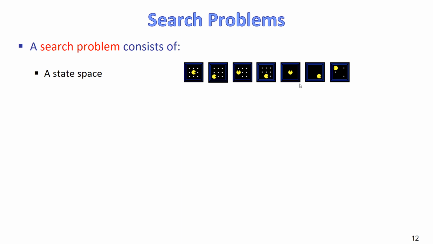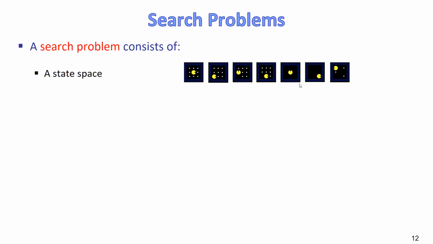The first one is what we call a state space. This is a space of all possible states of the world that we are modeling, that the agent is acting in. All the possible states.